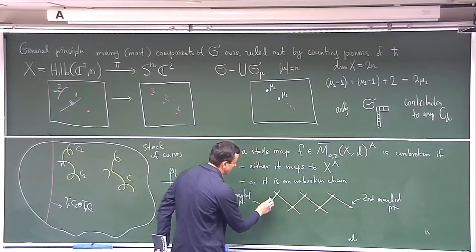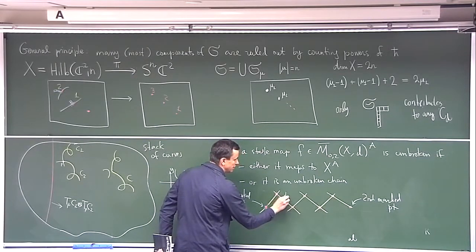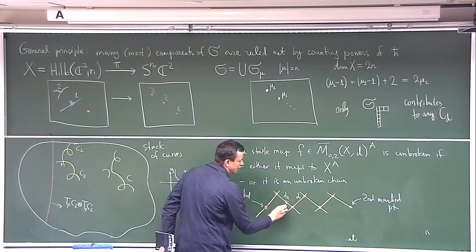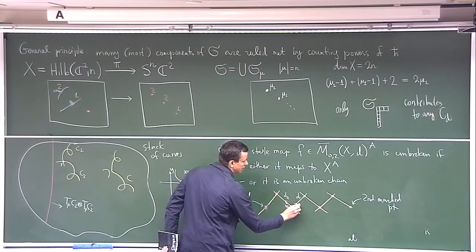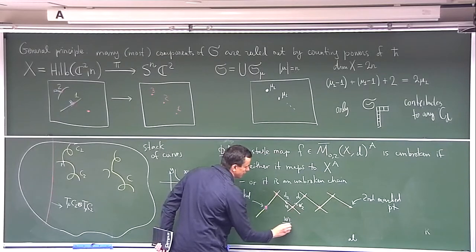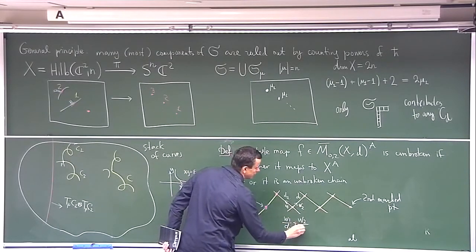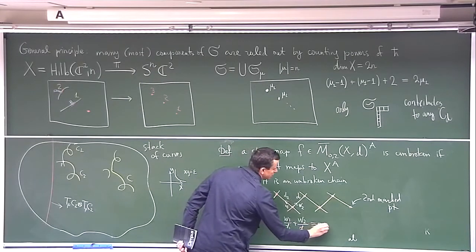And the tangent weight at every junction: there are some degrees d1, d2 and tangent weights w1, w2, such that w1 over d1 plus w2 over d2 is equal to 0 mod h.